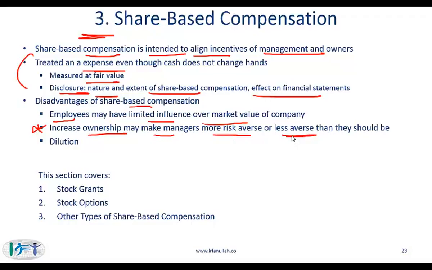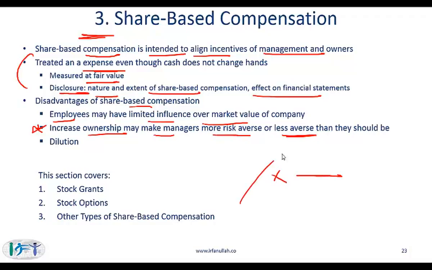Now, this might seem contradictory, but let's take a situation where you are management and you have received options. If you recall from level 1 and something you will see at level 2, how do you make money with options? You make money with options if the stock price exceeds the exercise price. It's a one-sided payoff.